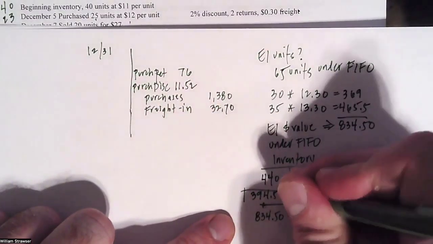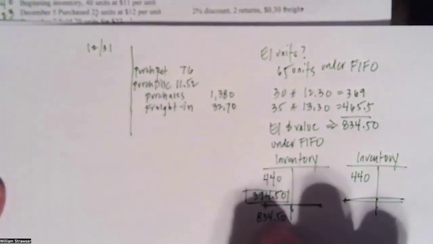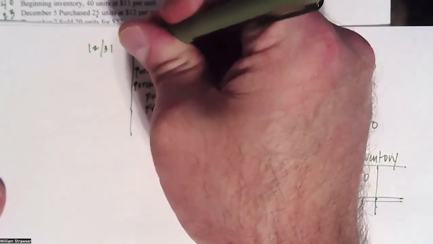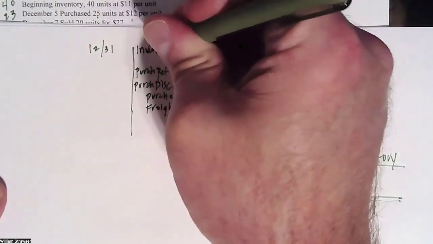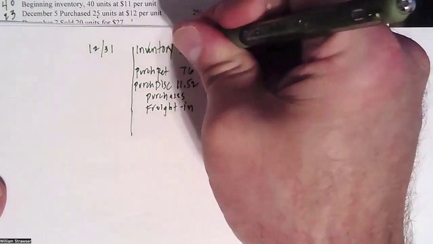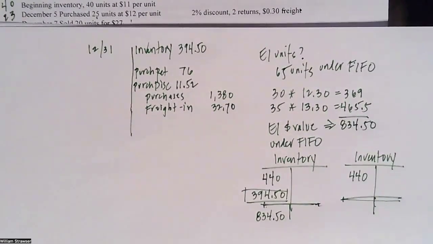This is my adjustment, very much like the bad debt expense adjustment for accounts receivable, right? I get a balance, I find the adjusting amount. I would need to debit inventory by $394.50 to get it up there. Now, what's the alternate way?